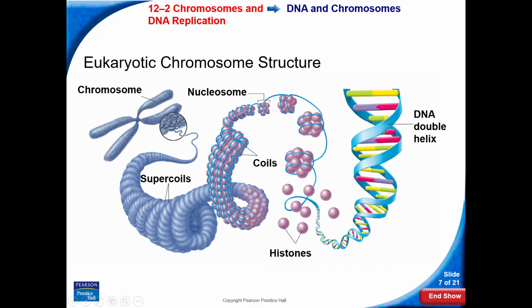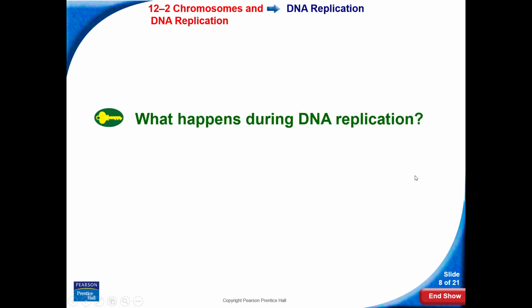The nucleosomes coil again on top of supercoils, and the supercoils coil to make a very thick fiber called a chromosome. So as you can see, from a very thin fiber of DNA, it coils and coils and coils on top of itself until eventually it becomes very thick, noticeable and stainable under the microscope, and we call these chromosomes.